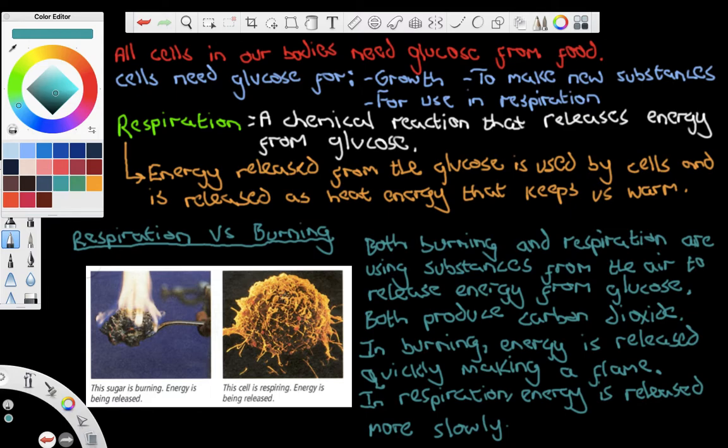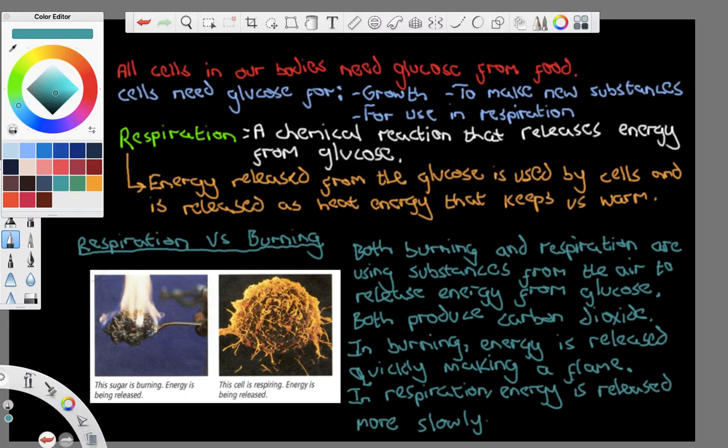They both use oxygen from the air, which we're going to talk about in a minute. They both use a fuel, in this case glucose, and they both produce carbon dioxide. The only difference is that in burning, the energy is released much more quickly. It creates a flame. In respiration, it does not release it that quick, therefore a flame is not produced.